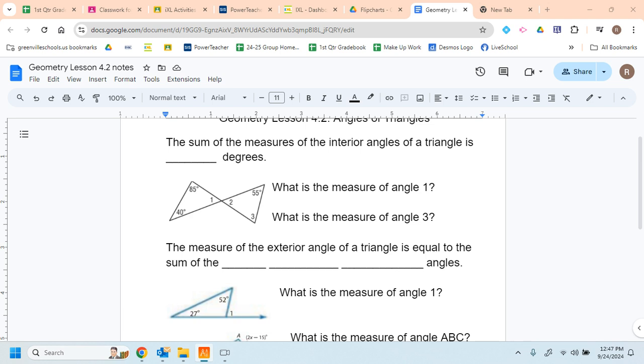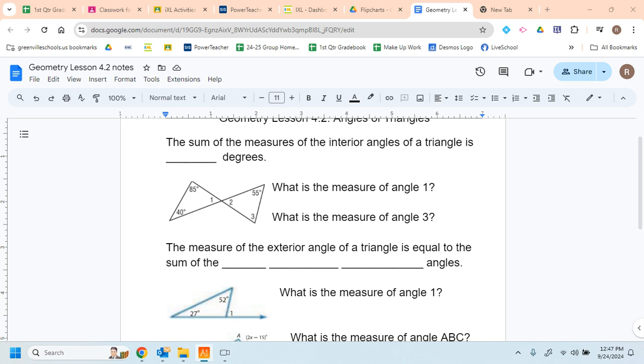We're trying to find the measure of angle 3, which is in that triangle. So we're going to say 55 and 55, which is 110, and then 180 minus 110, which is 70 degrees. So angle 3 is 70 degrees.